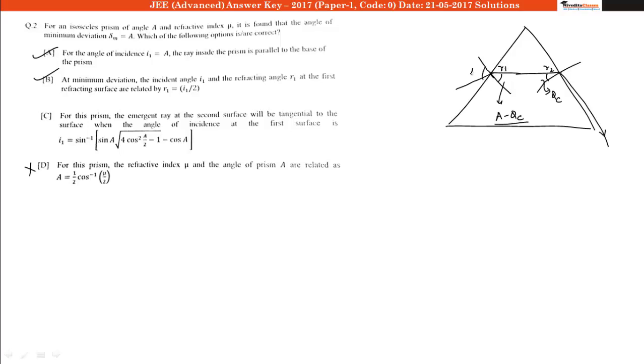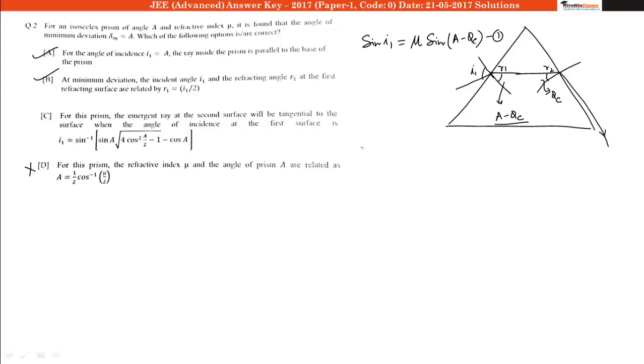This is our incident angle. So here we can say that sine I1 is equal to mu into sine of (A minus QC). That's our first equation.